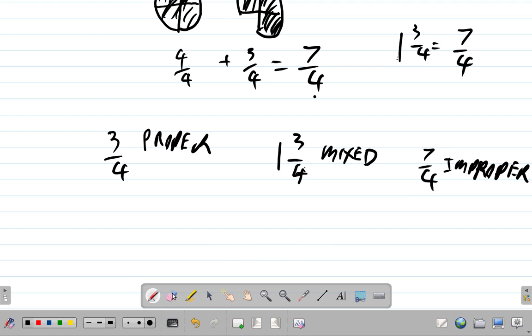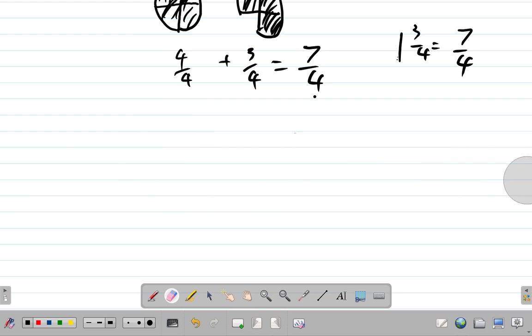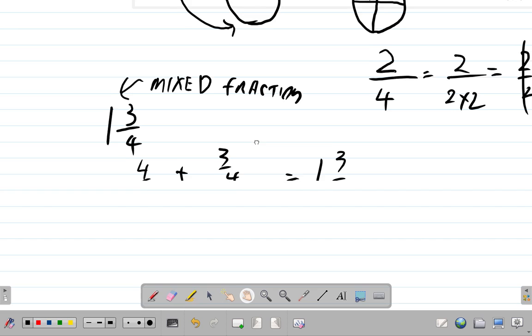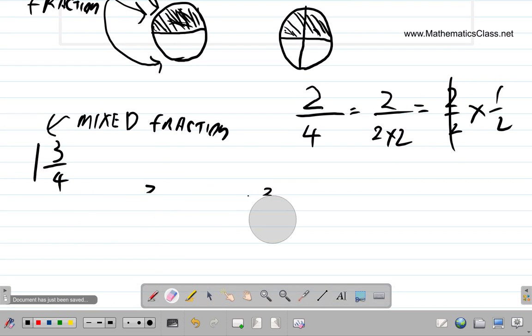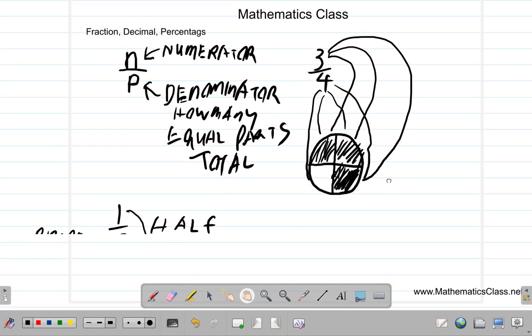Now, we're going to look at addition of fractions. So let me just erase and rub out some of these things here. I'll come to addition of fractions. Alright.